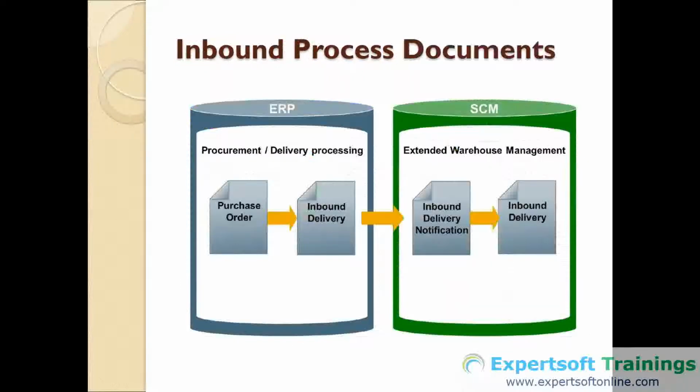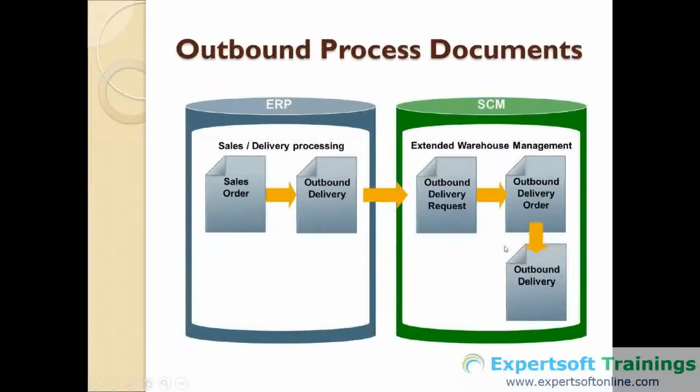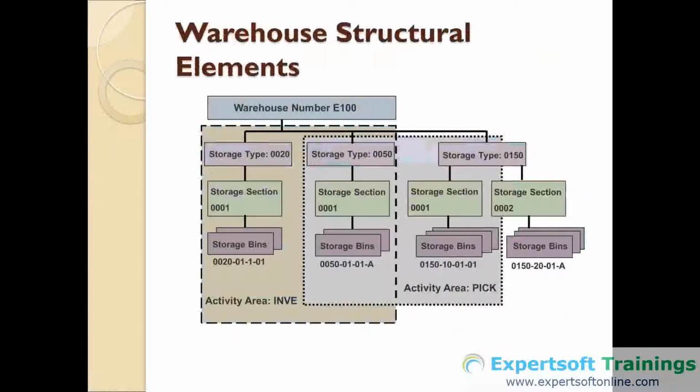Normally we unload that pallet and move it to a place we call a workstation, and there we separate the products. Let's take an example from the beverage industry, where Coke and Pepsi come in the same pallet. When performing the put away, you do not want Coke and Pepsi stored in the same storage type, because at the time of picking you would have to segregate and remove them.